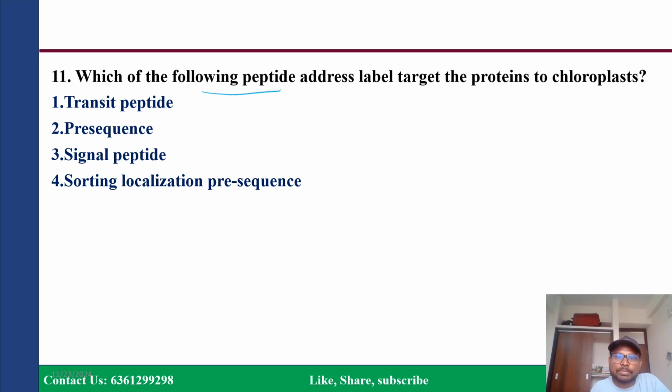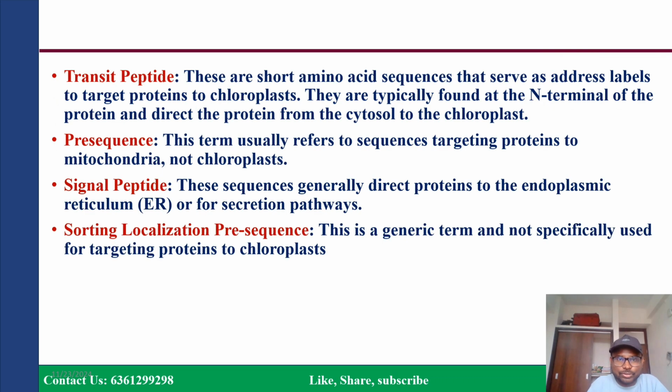Then, which peptide addresses the label target of the proteins to chloroplast? Actually, these are questions you need to learn by heart. There is no other way. I will show the answer directly. Transit peptide is especially related to chloroplast, and pre-sequence is related to mitochondria. Signal peptide is related to endoplasmic reticulum, and localization pre-sequence is not specific to anything. We have to remember like that. This is a basic question.